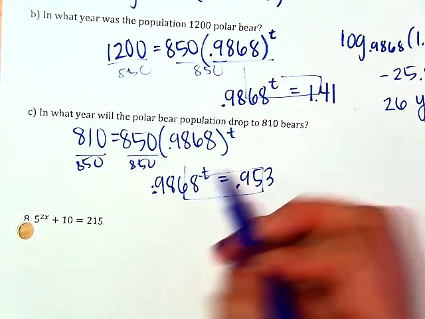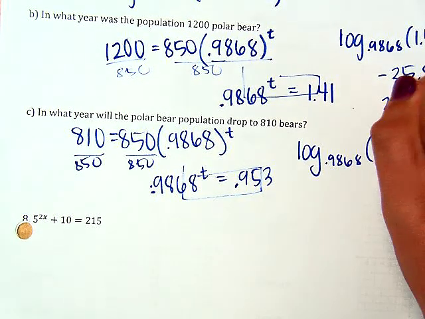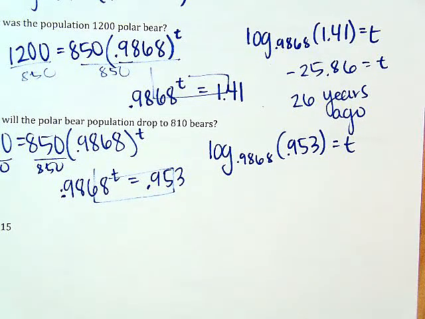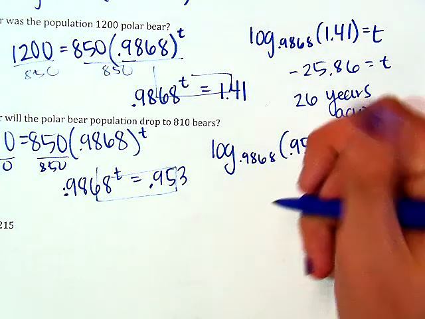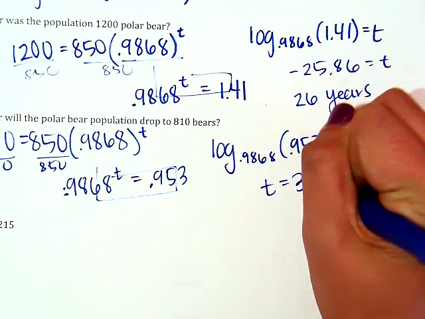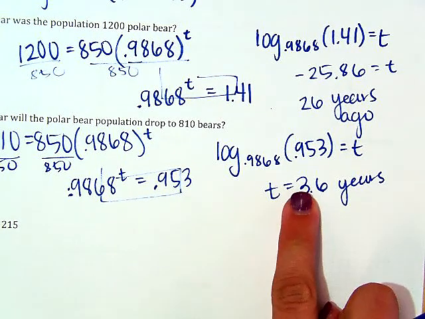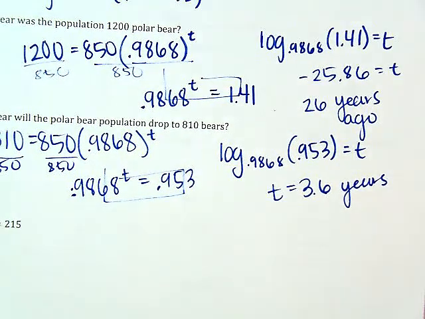So when I go to do the L, log base 0.9868 of 0.953 equals t. Change base of that thing, log 0.953 divided by log 0.9868 gives me 3.6 years. So in about 3.5 years, our population will drop to 810.